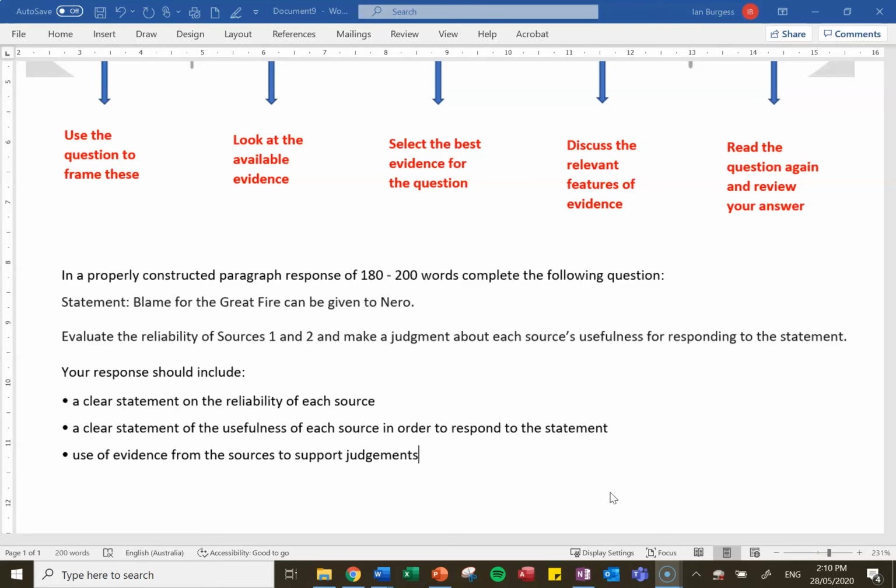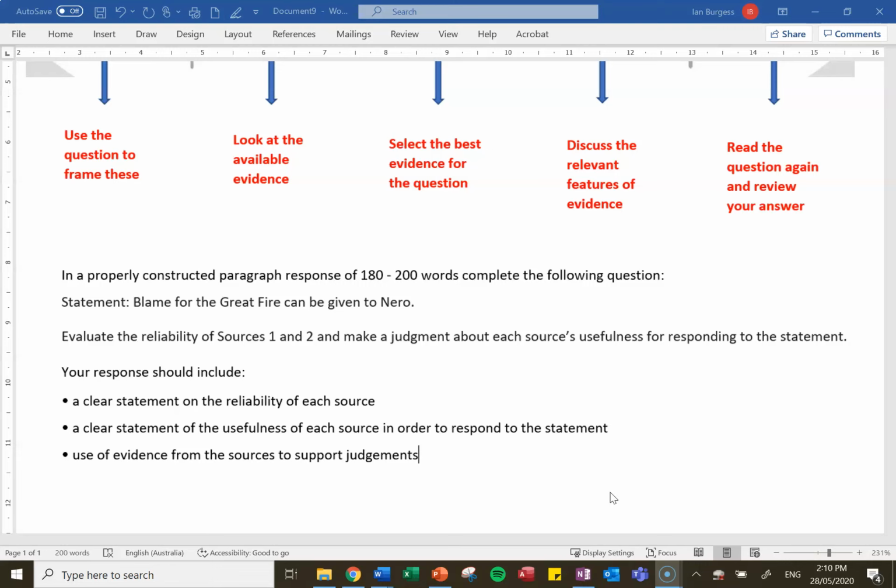Really what we're doing here is deciding whether or not sources 1 and 2 can help us support or prove the statement in the question. The key word there is judgment. When we see judgment, we understand that it is going to be evaluating.